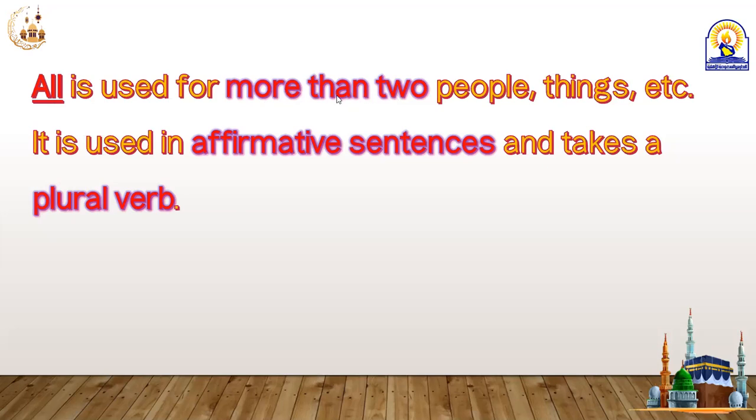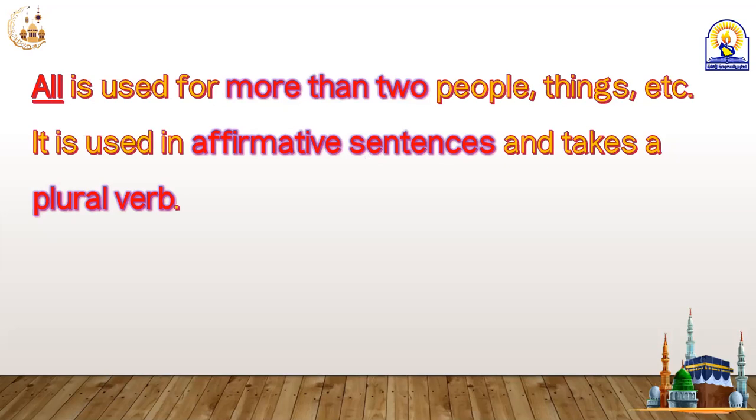For example, 3, 4, 10, 11, 20, 100 guys, 100 cars, 100 books, any number over two. When we talk about more than two people or more than two things, we use all. And it's used in affirmative sentences. The sentence must be positive, not negative. We use all for positive sentences, guys.